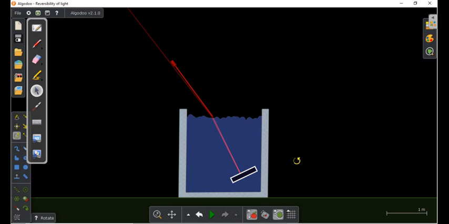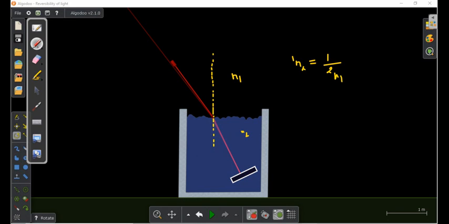Got it? This is the principle of reversibility of light. And when this happens, if this is the normal, and let's say the refractive index of this liquid is n2 and this is air n1, we can clearly restate that 1n2 is equal to 1 by 2n1.